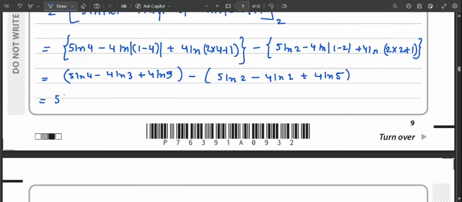Now I can write 5 ln 4 as 5 ln 2 squared.